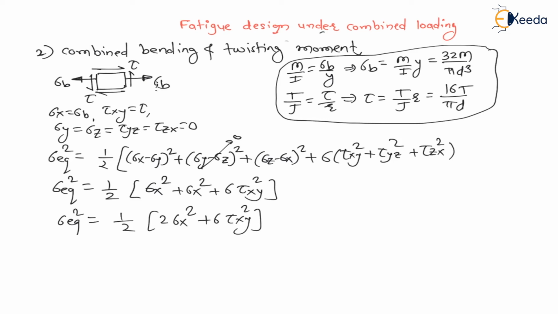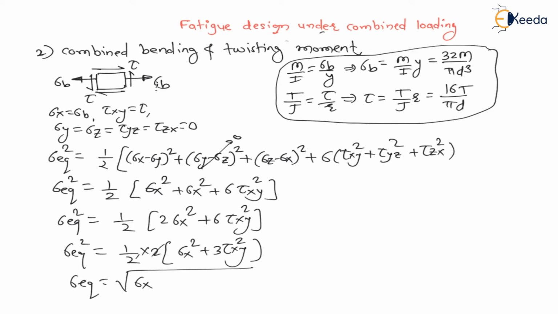Now simplify this. If I take 2 common, then sigma equivalent square is equal to 1 half times 2 in bracket sigma x square plus 3 tau xy square, right? Therefore 2 will get cancelled, and from this I will get sigma equivalent is equal to under root of sigma x square plus 3 tau xy square. This will be the formula for combined bending and twisting moment.